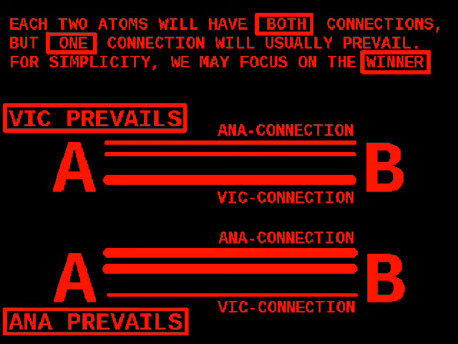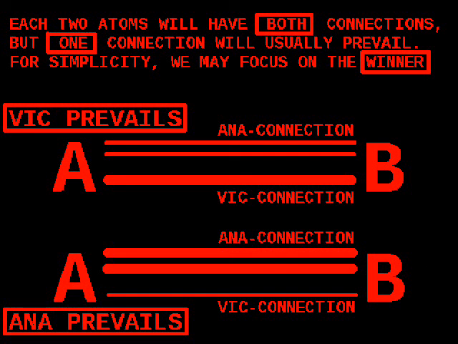It only depends on what you are observing from the patterns which are placed into the thought space. So, you have the basic situations of either the vic connection prevails between the atoms A and B, or the ana connection prevails between these said atoms.